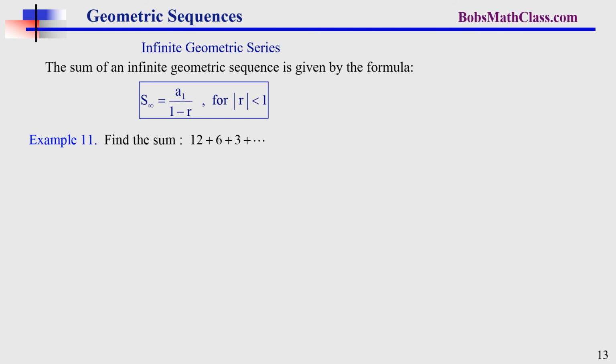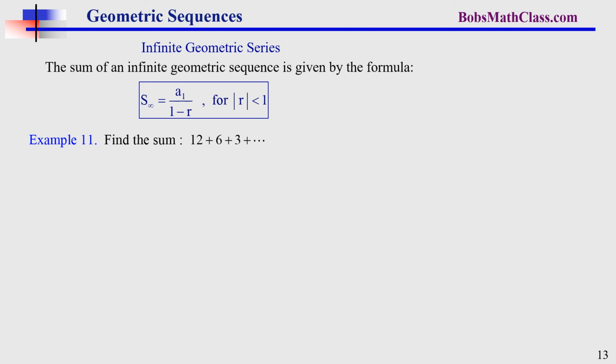So 3/4 would be an example of what r could be, or -2/5, or 0.3 if we're using decimals. If r is not one of those numbers, if it's not less than 1 and greater than -1, then there is no sum. So if r was 5, then your answer would be no sum.